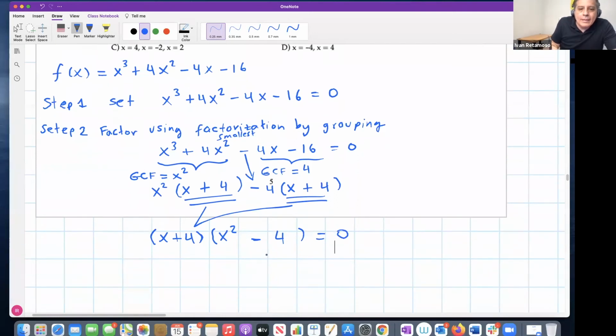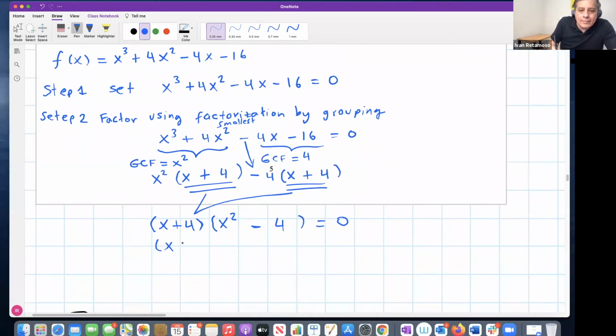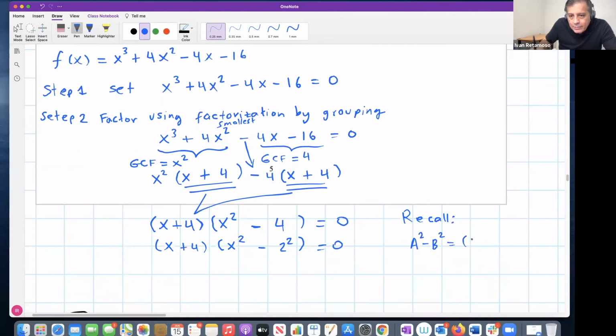But now notice that this factor can be written as follows, x squared minus 2 squared. 2 squared is 4, right? I'm writing it in this form because I want to use this fact. The difference of two squares, a squared minus b squared, factors as a minus b times a plus b, right? I want to use this.